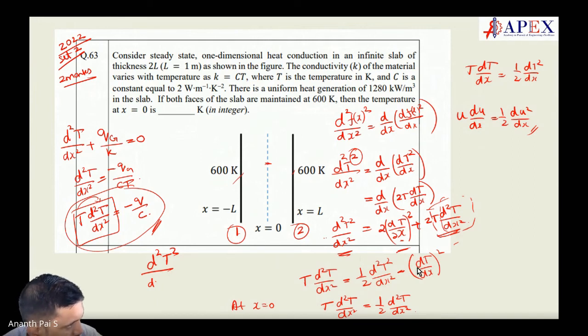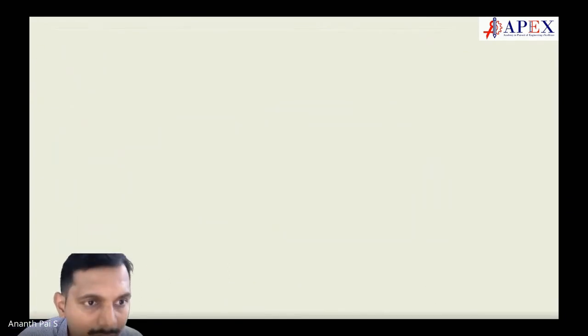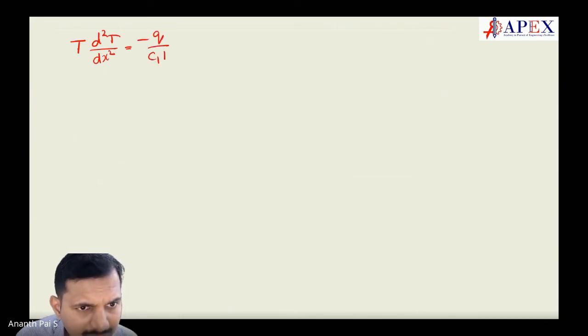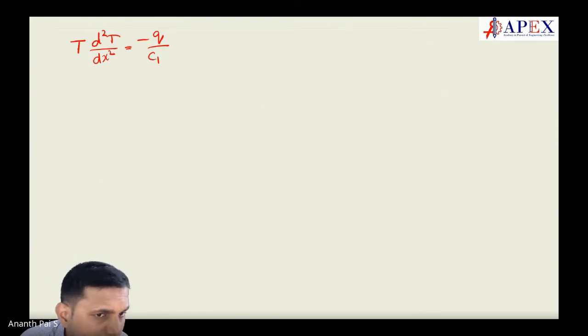Now tell me, so what will happen? What is important? T d square T by dx square is equal to minus q by c1. Now what would this be equal to?